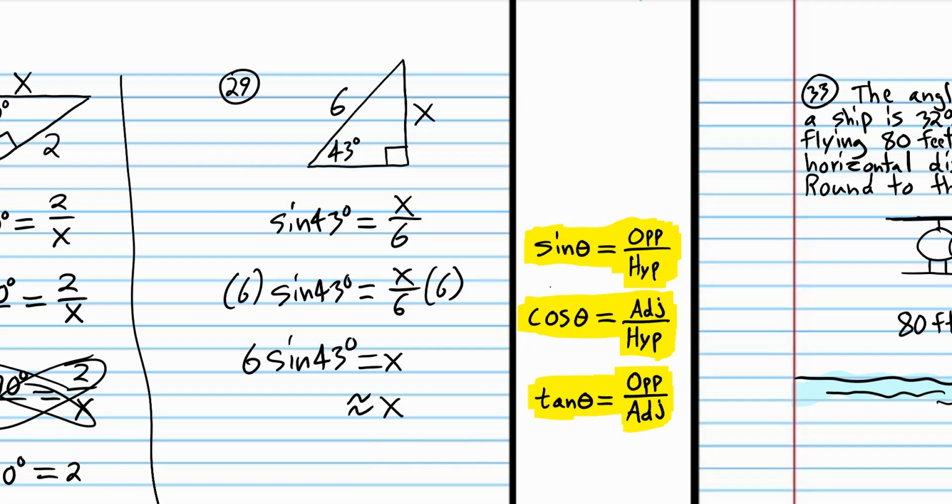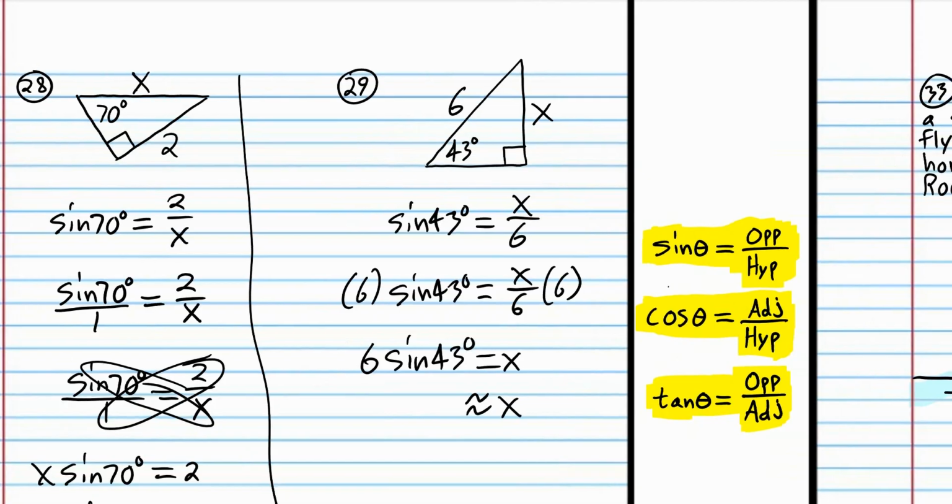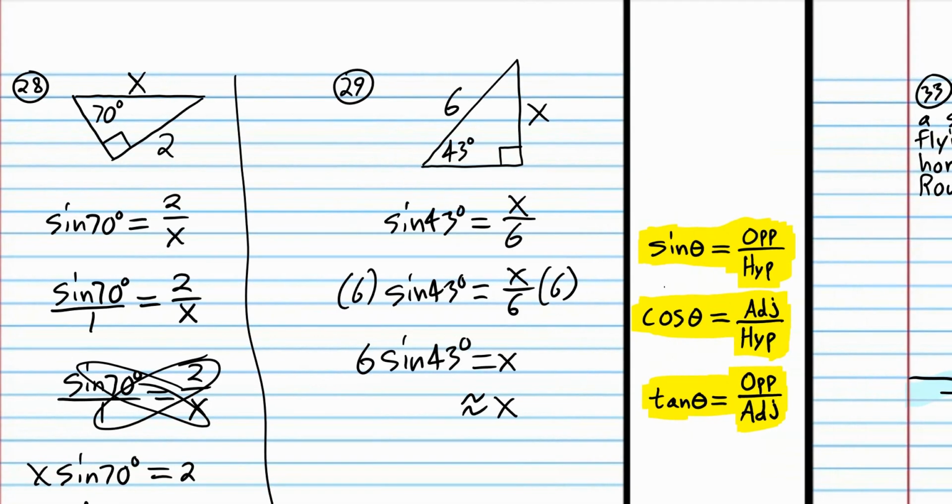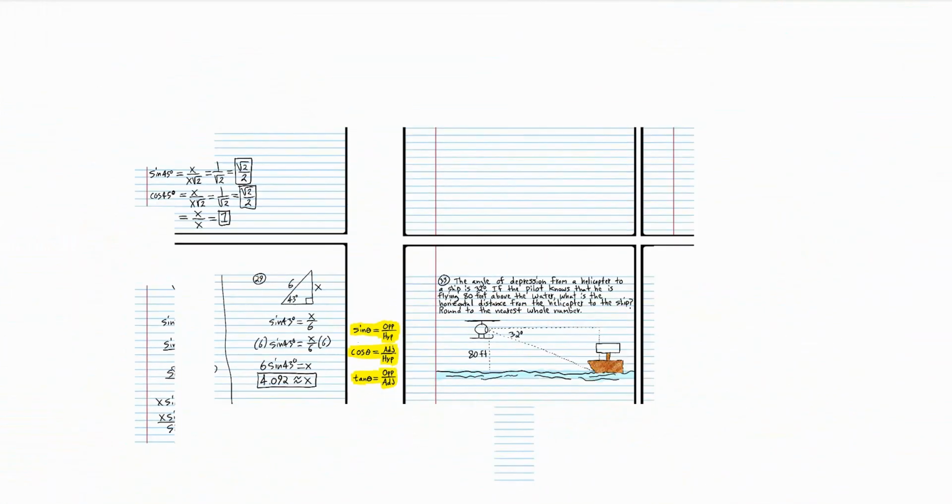And x is approximately equal to, so we get out our calculator, 43 degrees, then push the sine button, then times 6 equals. So we get 4.092. Again, that was kind of a weird problem with the rounding there. So if you got that answer, good job.